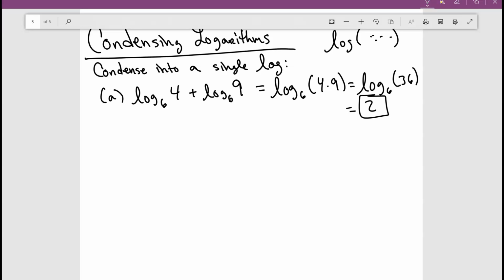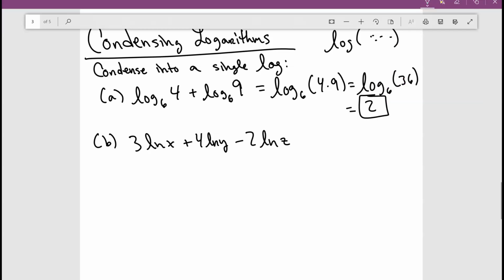Okay, now let's do another problem. Let's say we had 3 ln of x plus 4 ln of y minus 2 ln of z. So now we're going to have to undo everything. The first thing that I notice is the numbers in the front.